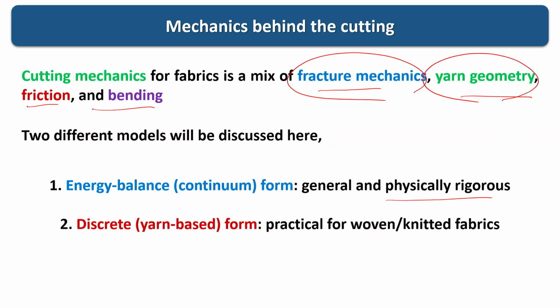The other is the discrete model, specifically for textile materials, woven and knitted fabrics, based on yarn. This is practical, and it is discrete because there is no continuous yarn; there will be gaps between the yarns. Like in non-woven, we can use the energy balance, continuum model. For any other material, such as sheet metal, we can use the continuum model, but the discrete model is practical for woven and knitted fabrics.